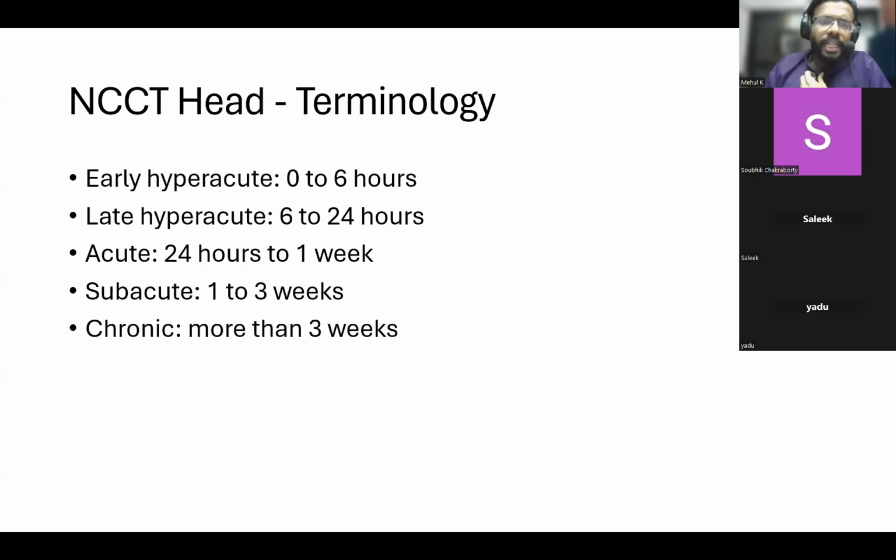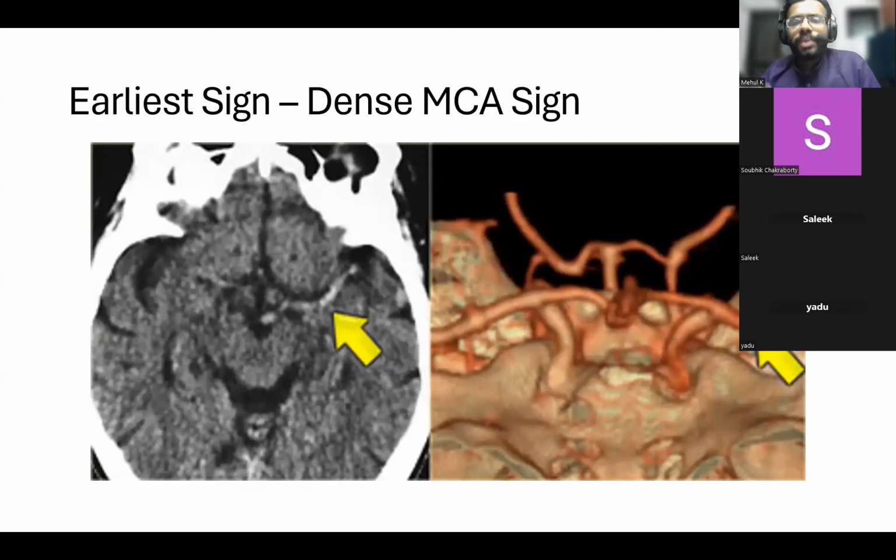So one of the earliest things that you can get on a CT in ischemic stroke is something called your dense MCA sign. When you have a thrombus inside a vessel in the brain, it can appear a little bit hyperdense. You can compare the left-sided MCA here compared to the right side. It is more hyperdense. This is the dense MCA sign.